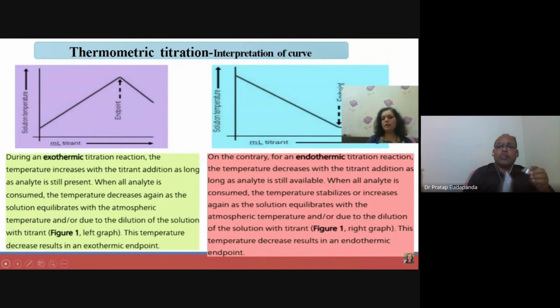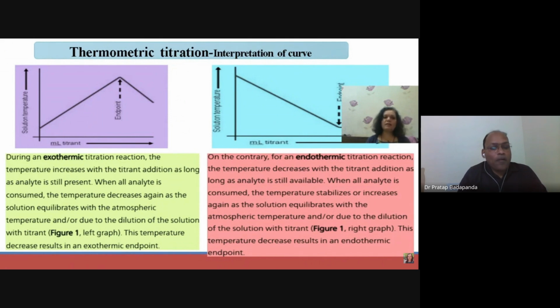Yes, we will interpret here the titration curves obtained during thermometric titration. Once we have performed the titration, we will have data of ml of titrant added and the change in temperature. So, we will plot the change in temperature versus ml of titrant added, and if the reaction is exothermic, then the temperature increases after every addition of titrant to the analyte, and it will reach the highest temperature till your analyte is present in the conical flask and it is reacting with your titrant added from the burette.